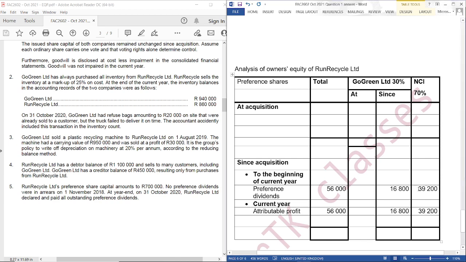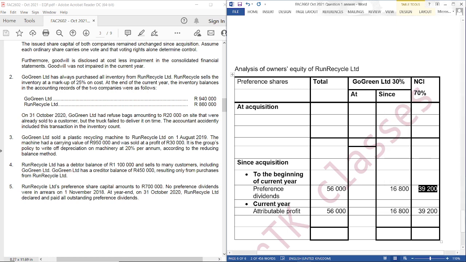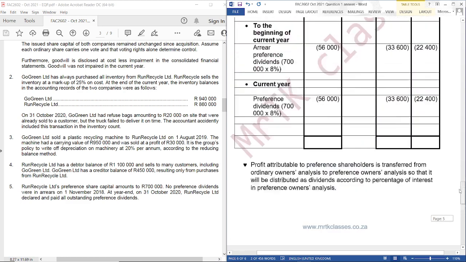So remember, this is profit that we brought here so that we'll be able to declare dividends, right? Okay, so this affects retained earnings.